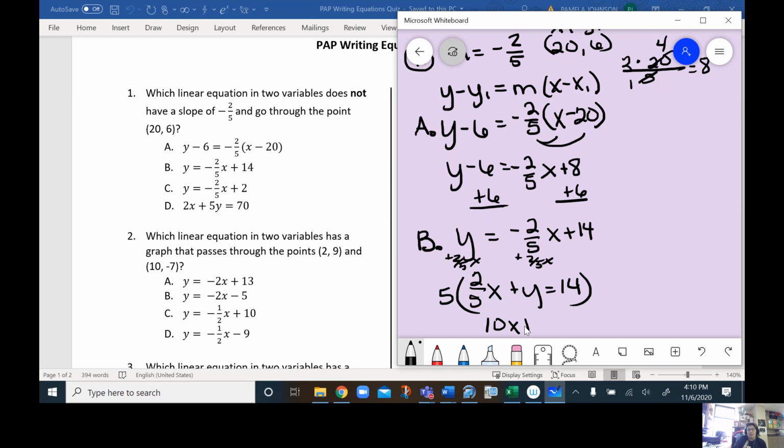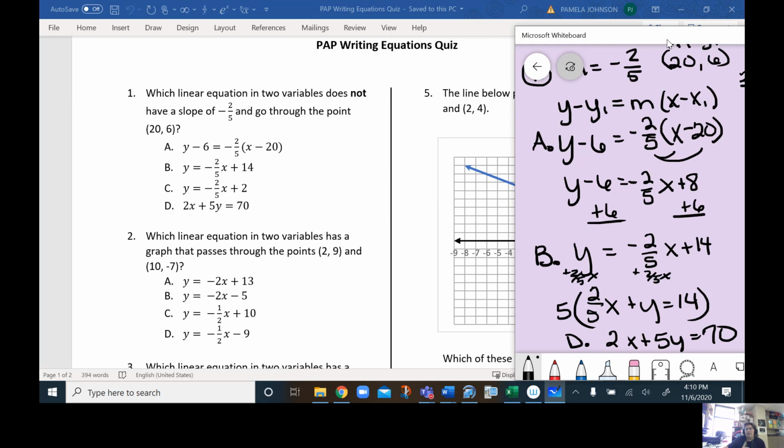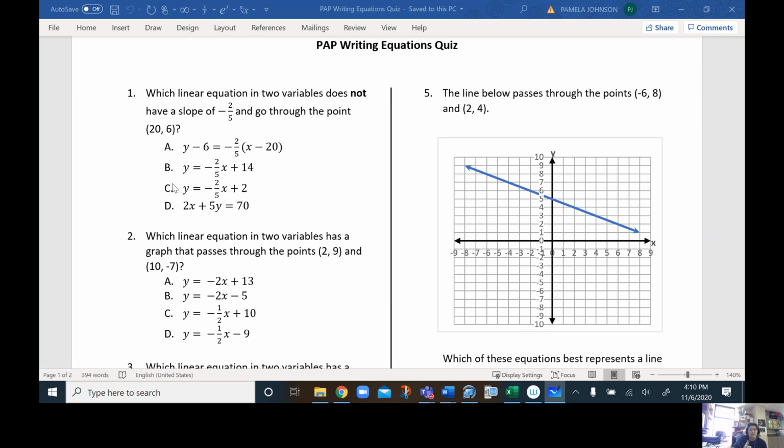I have 2x plus 5y equals 70, and that is option D. So if we come back over here to our answer choices, C is the one that does not have a slope of -2/5 and go through that point.